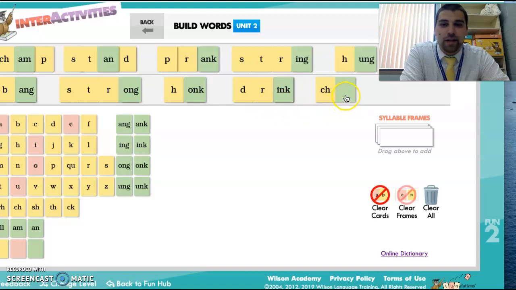And then, friends, here's our last one. CH says ch. And then our word is ch-unk. Chunk. What glued sound goes and says unk? Pause it if you need more time. Friends, unk, right?